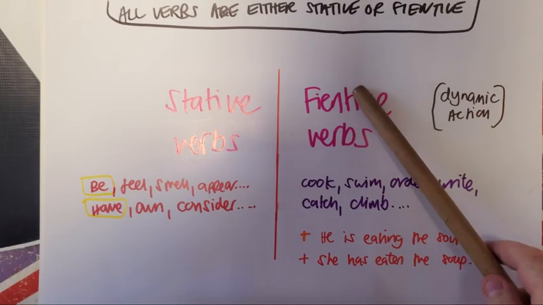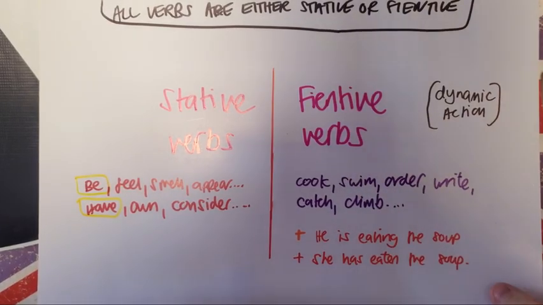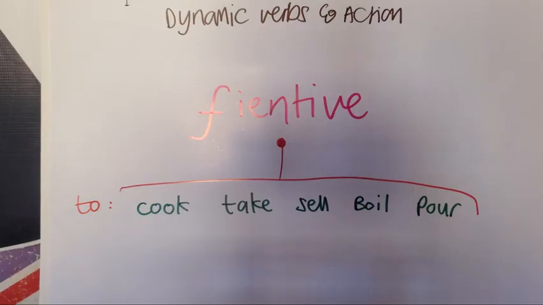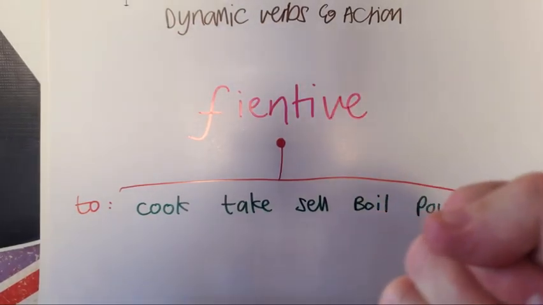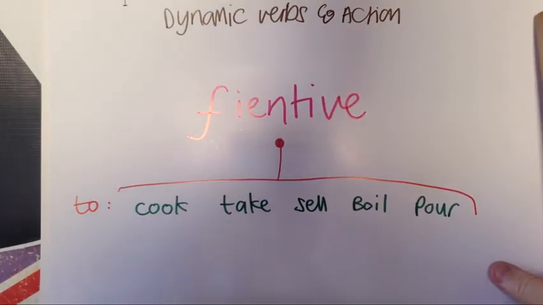You see, they're called fientive verbs. This is where we're going now, and I'll make it as interesting as I can. If you're not into this grammar, which I hope you will be, because it is so exciting, just call it a dynamic or an action verb, if you like.